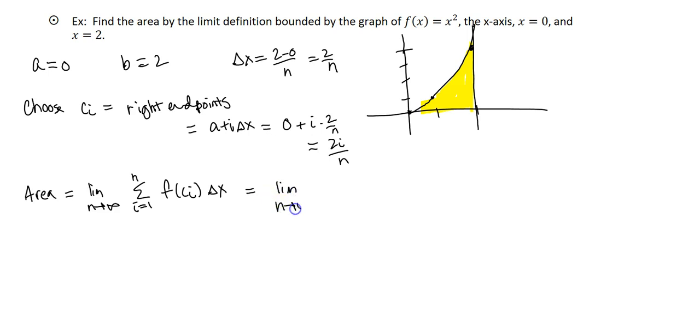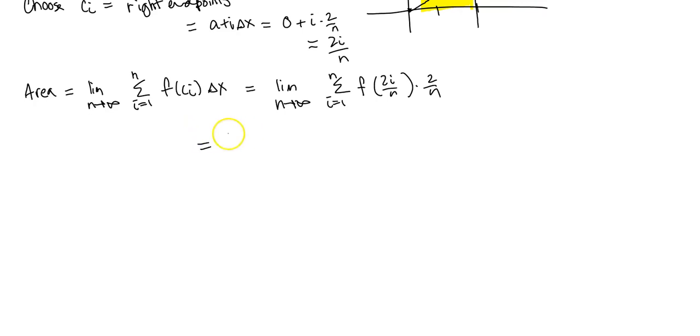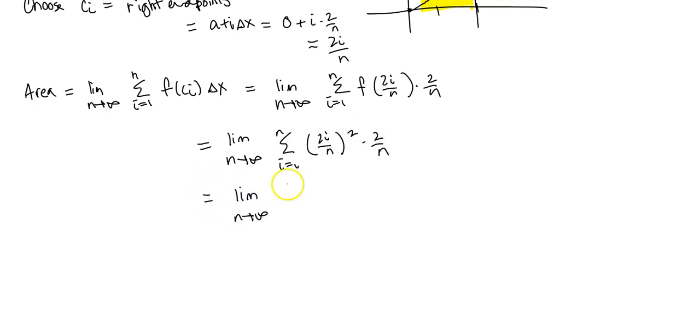So that's going to be the limit as n approaches infinity of the sum from 1 to n of f of 2i over n times 2 over n. f of x was x squared, so this is going to be the sum from 1 to n of 2i over n squared times 2 over n, or the limit as n approaches infinity of the sum from 1 to n. 2 squared times 2 is going to be 8.